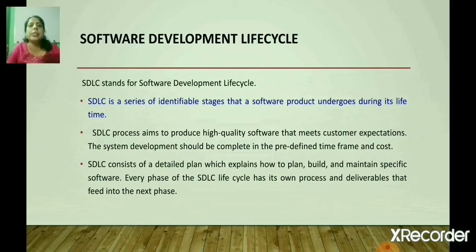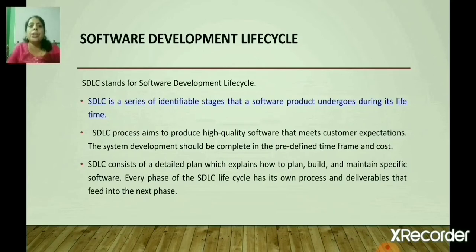The SDLC process aims to produce high quality software that meets customer expectation. The system development should be completed in the predefined time and within the budget. SDLC consists of a detailed plan which explains how to plan, build and maintain a specific software.